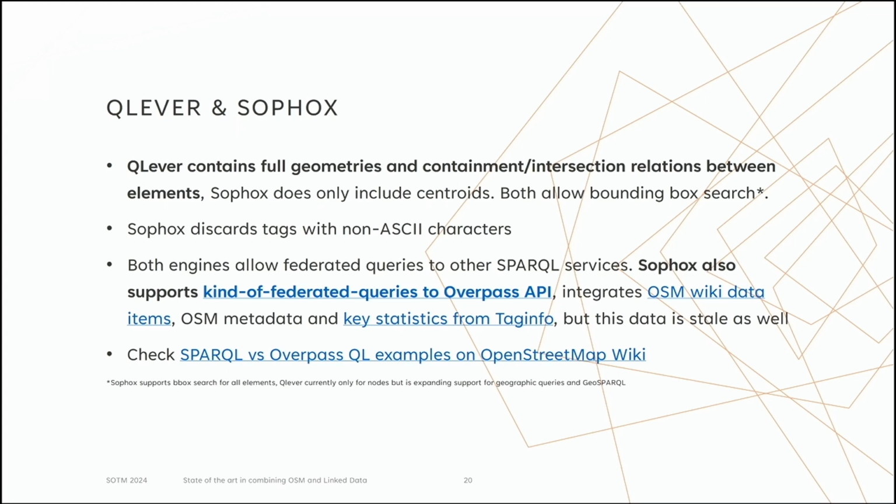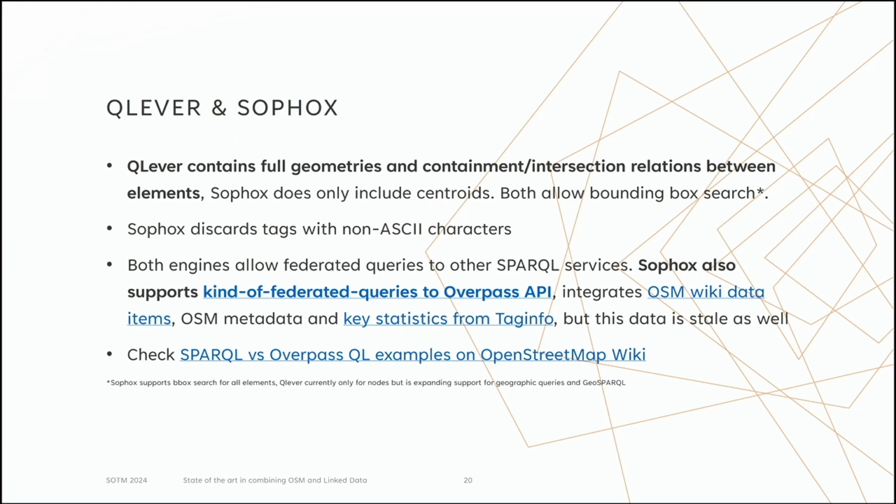Both tools are extremely powerful. Each of them has some advantages and some drawbacks. For example, Sophox has only centroids, not complete geometries, while QLever does have complete geometries and geographic relationships like containment and intersection, etc.